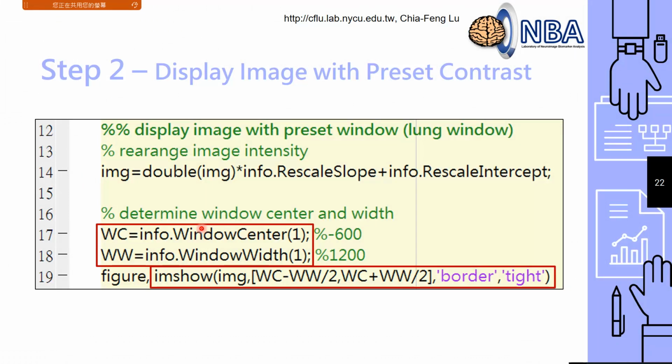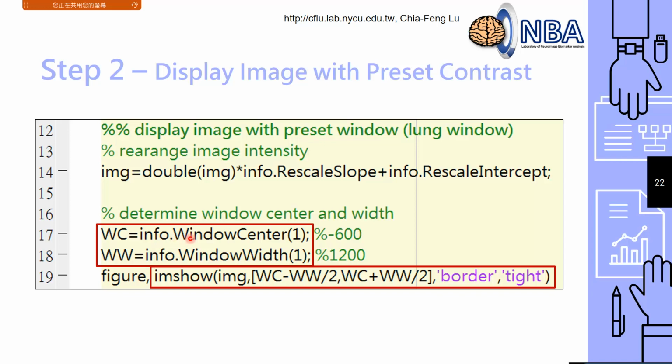So what you are going to do, I'm asking you to add 2 more lines right here. I'm asking you to set up window center and window width, but I don't want you to do this manually. I want you to access the window center value from the DICOM header, because this chest imaging was originally obtained to diagnose lung disease.